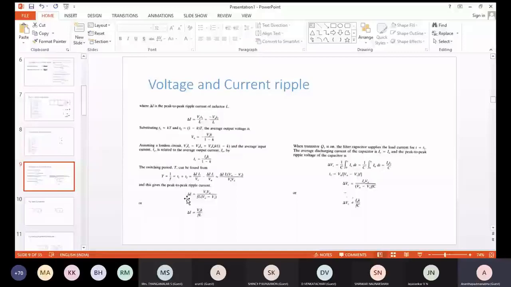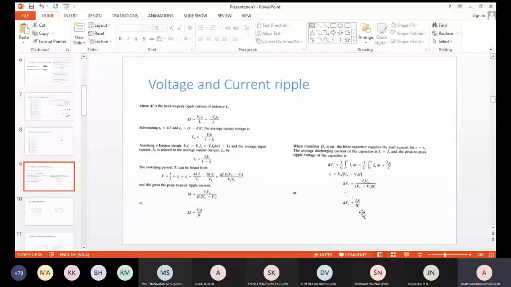I am interested to find out the exact value. And by designing, I will take the reverse procedure, and I will try to find out the value of L and C to meet my expectation of the ripple voltage and ripple current. This is the normal procedure that we follow.